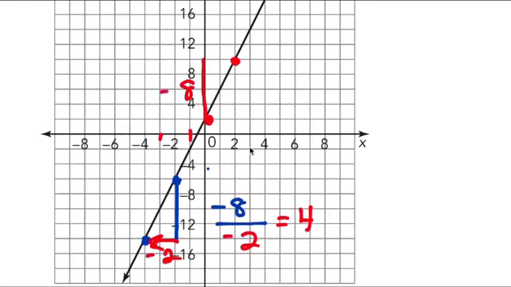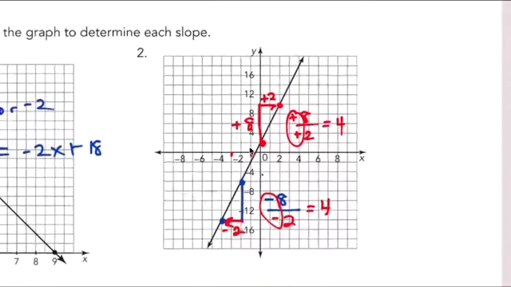Going up, that's positive. And to the right is also positive. So 8 over a positive 2 is still a positive 4. Okay, it's a concept I want you to learn.